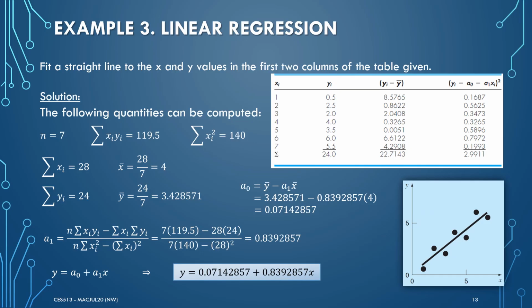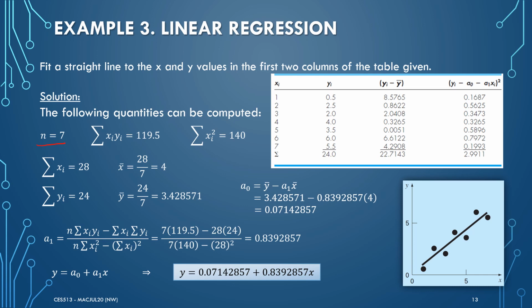Now we look at the example for linear regression. The question is, fit a straight line to the x and y values in the first two columns of the table given. Okay, for the solution, the following quantities can be computed. First is the number of data, which is n equal to 7.